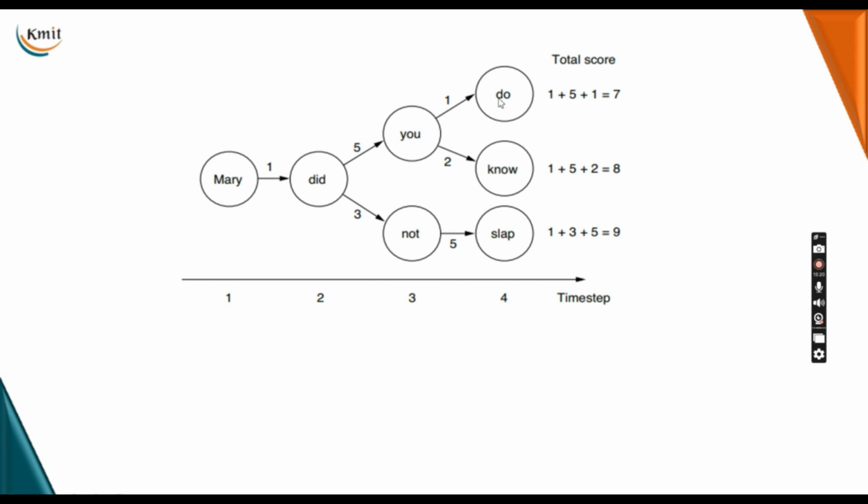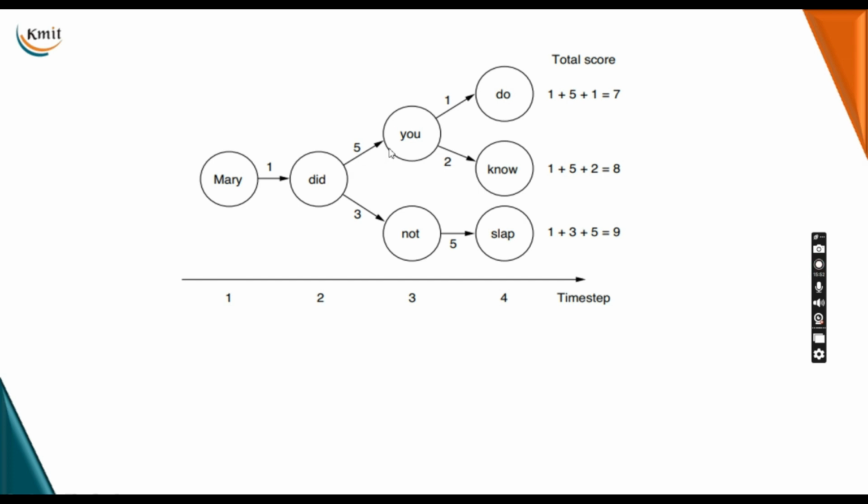Then after this it will face another branch at time step 3, generating a score of 1 or generating no with the score of 2, and again it moves on. Now it will pick the largest score, that is no, and then you will end up with the translation Mary did you know.